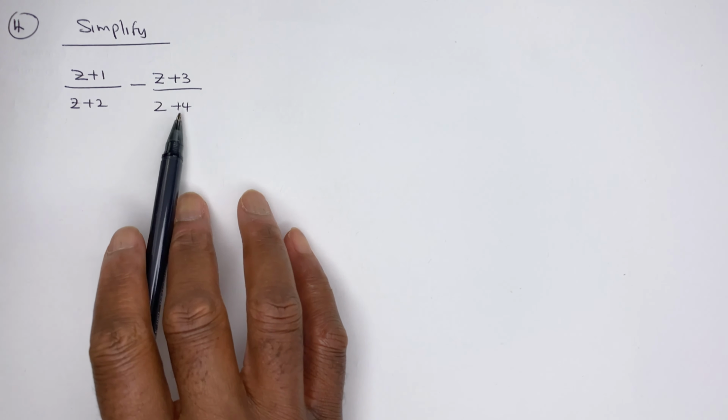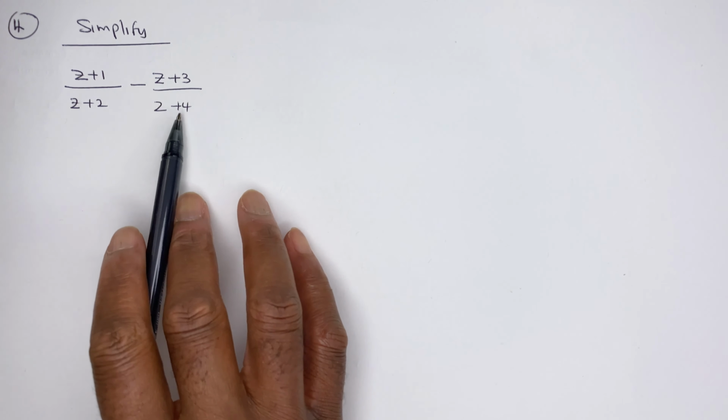Right, so the common denominator here will be z plus 2 and z plus 4. So I would have z plus 2, z plus 4.